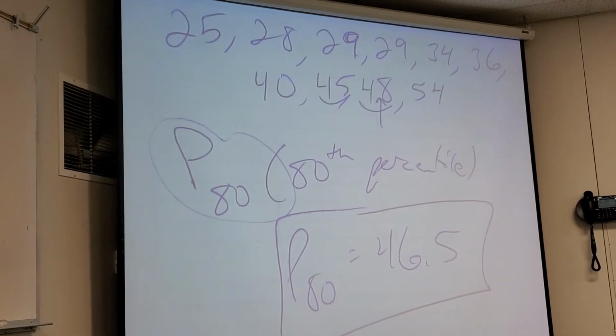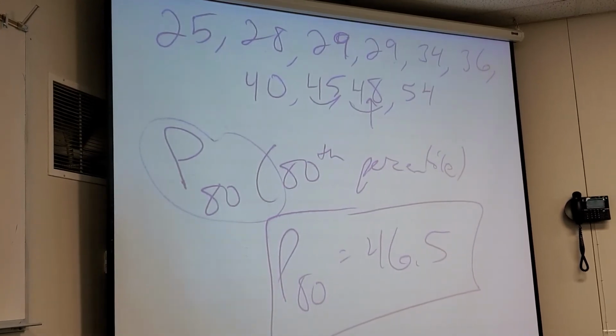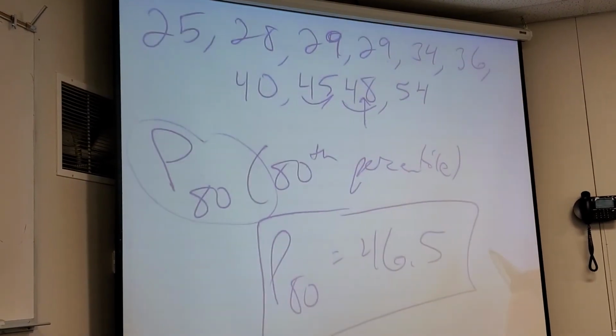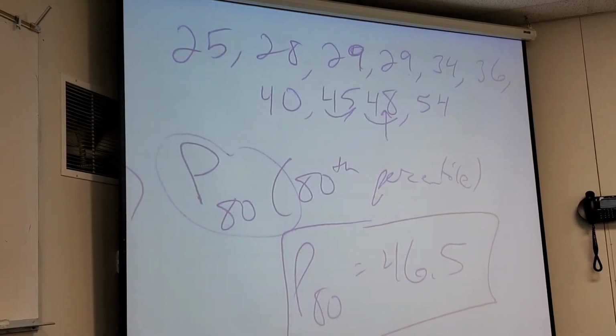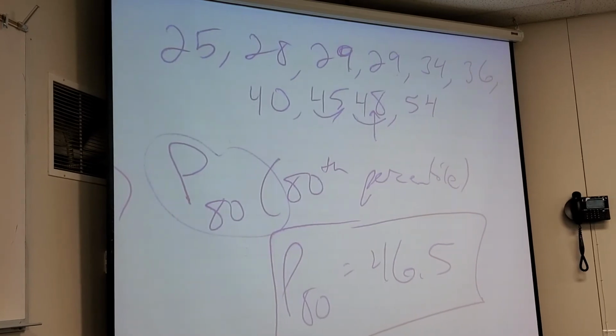So let's make this into a procedure. Actually, let's do this one first. What about P50? What would P50 be? What do you think? 50th percentile should be right in the middle, but what's in the middle of 10 numbers?